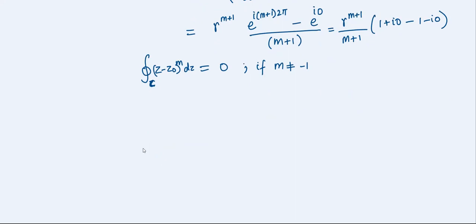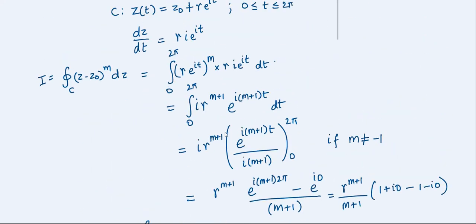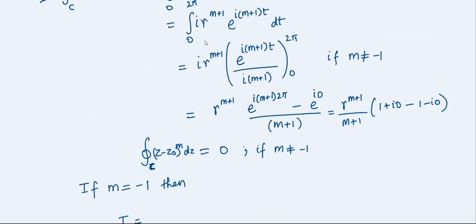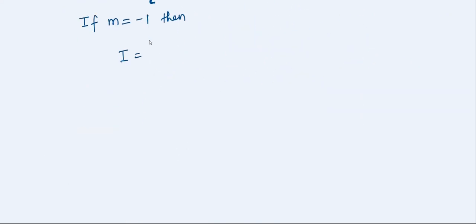Now comes a very important result. If m were to be minus 1, then what happens at this level? Then I will start from here. Integral 0 to 2 pi of i times R power m plus 1 into e power i(m plus 1) t dt.